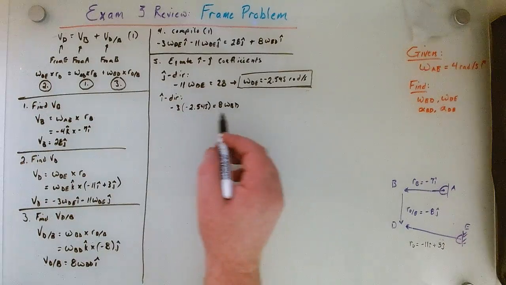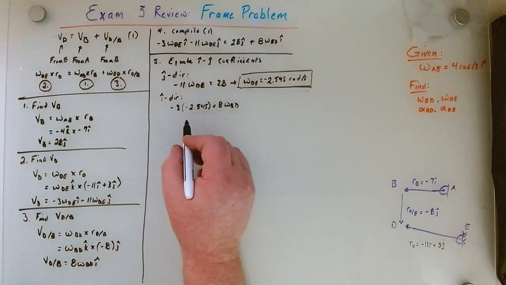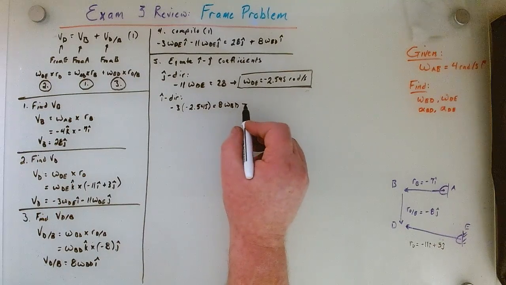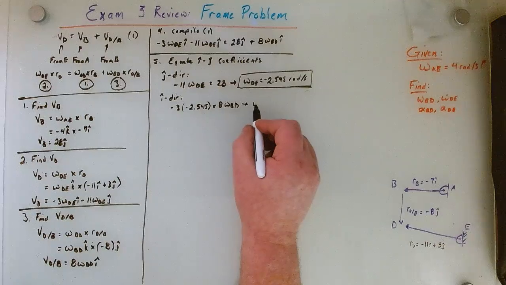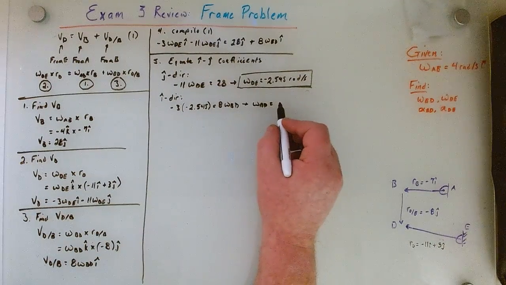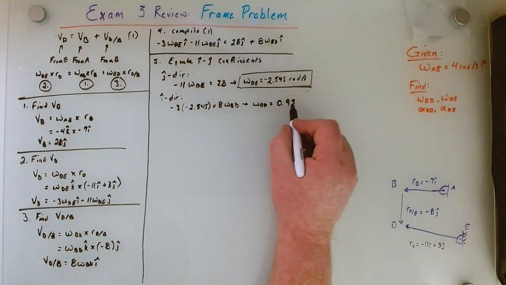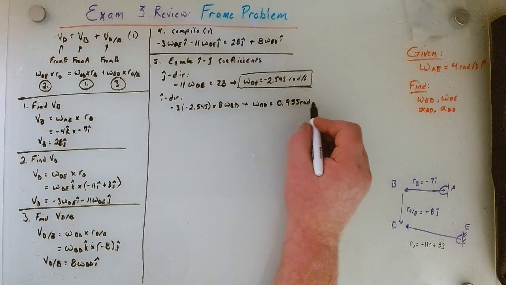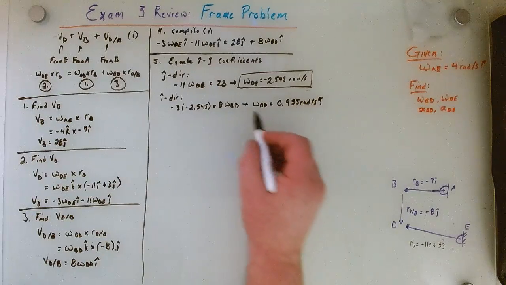So negative, negative, positive. So this is 3/8 of this guy. So omega BD is equal to 0.955 radians per second. So that is going to be that way.